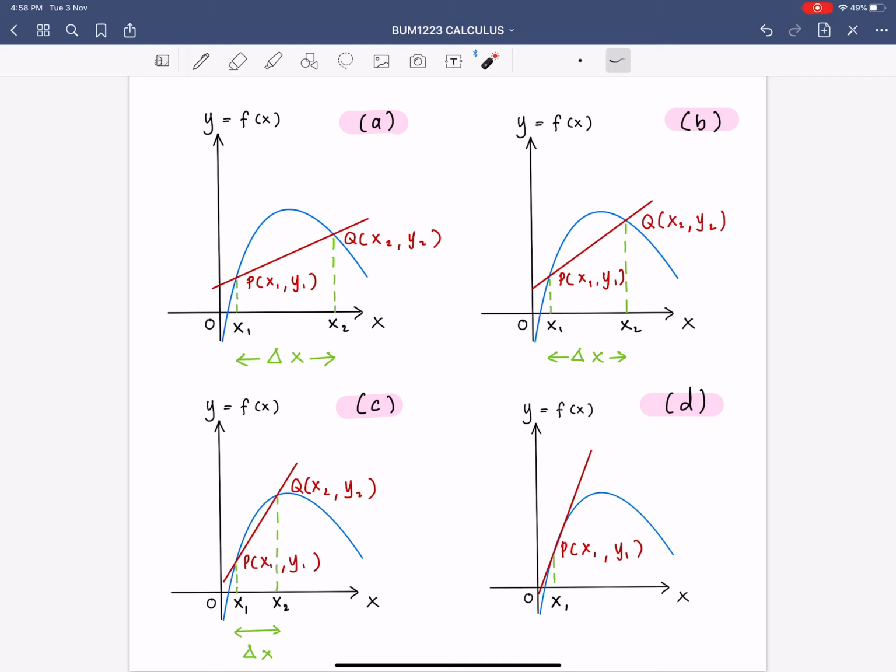Now, let us consider different cases where the point Q is closer to the point P. In this figure, you can see that the point Q is closer to the point P compared to this figure.